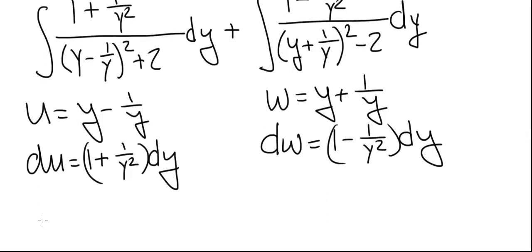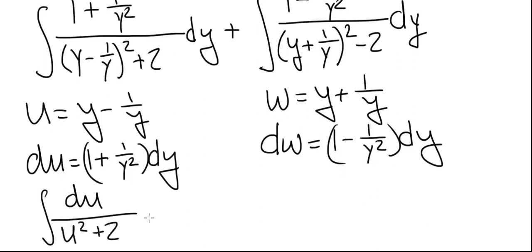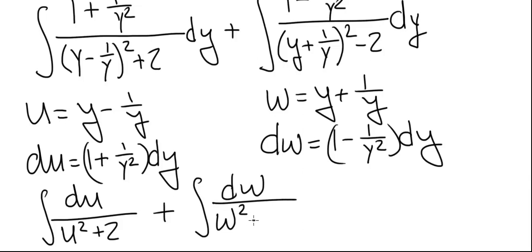This first integral, we have du divided by u squared plus 2, plus, in the second integral, we have dw divided by w squared minus 2. And so we can use result 1 and result number 2 to evaluate these integrals.